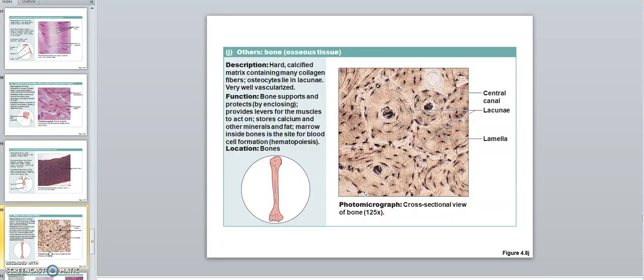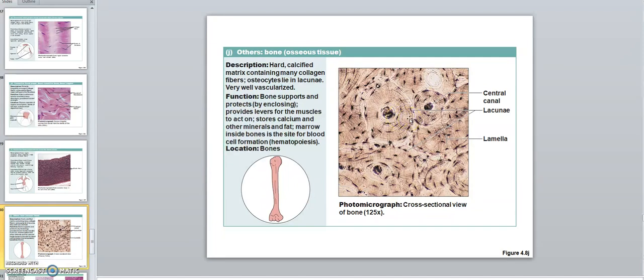Here is bone. And what I want you to be able to understand, go back to the bone section at PowerPoint. I want you to understand each of these is an osteon. So if I had a slide that said, what is this whole structure? You'd say an osteon. This is the central canal, also called the haversian canal. Right here in this little area, these were lacunae. The little wiggly stuff are canaliculi.